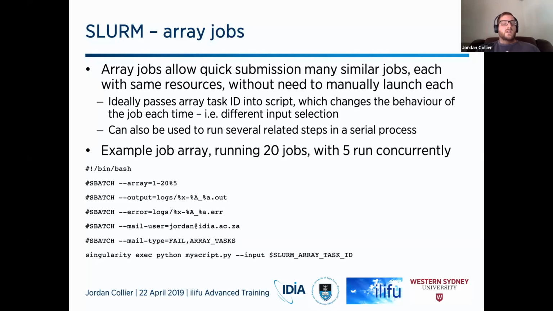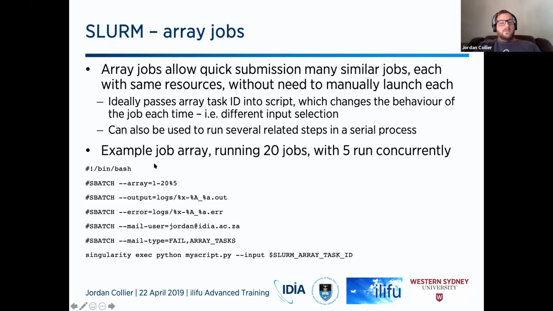And so you may, for instance, pass it in to provide a different selection of input so that that particular job within your job array does something different to the previous one and the following one. And you can also use it for a kind of special use case of running a serial process one after the other. But that's also achievable with dependencies, something that I'll present a few slides later.